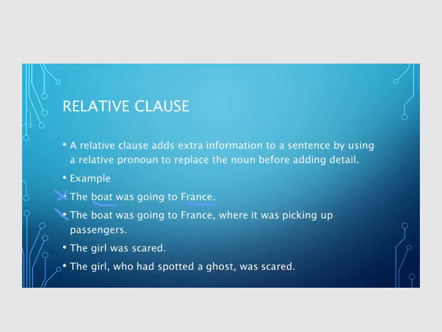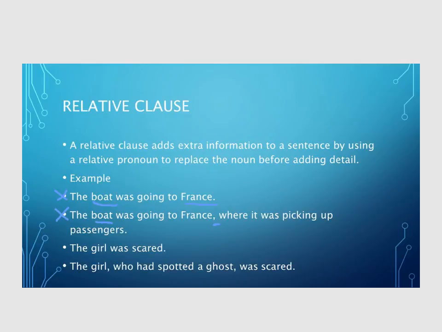If you look at this sentence below, what I've done is I've used my simple sentence, the boat was going to France. Instead of putting a full stop, I've used a comma. And then what I've done, instead of saying the boat was going to France, full stop, the boat was picking up passengers, I've put a comma and used a relative pronoun.